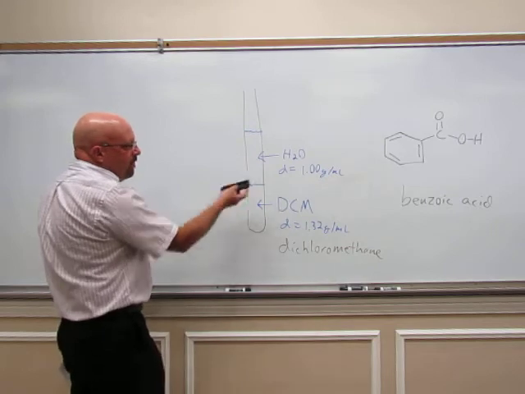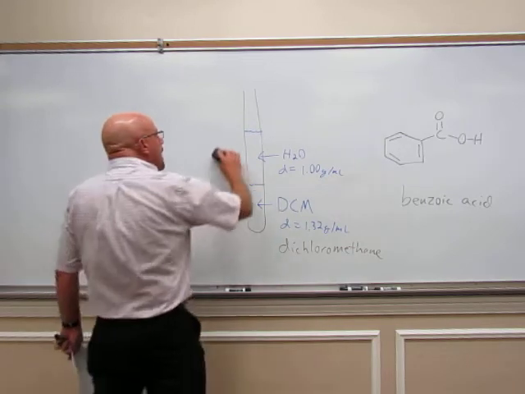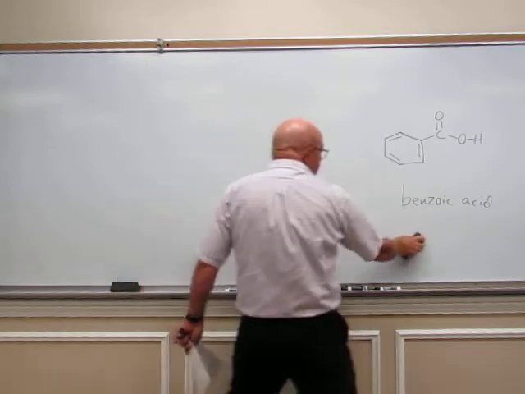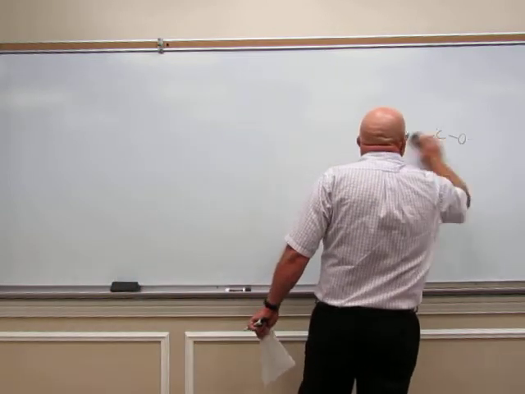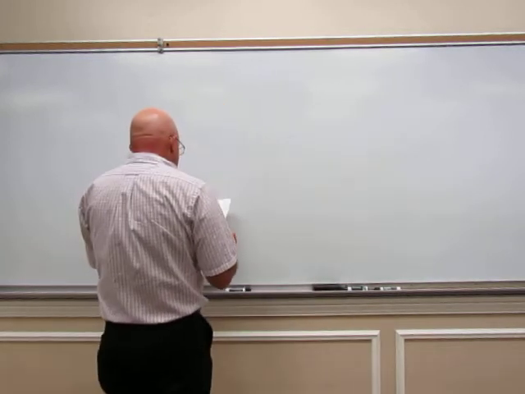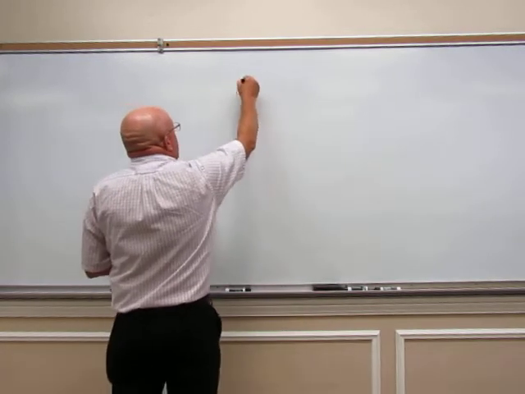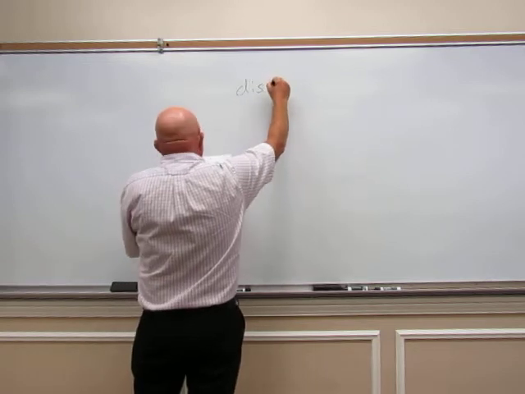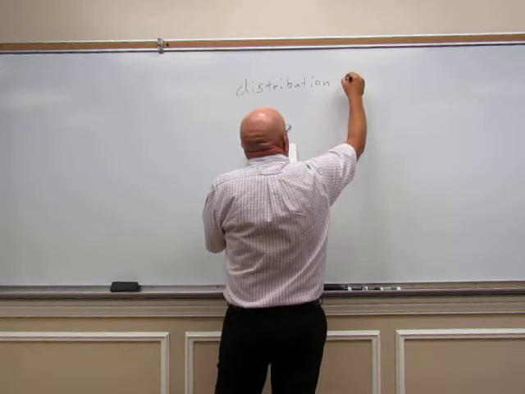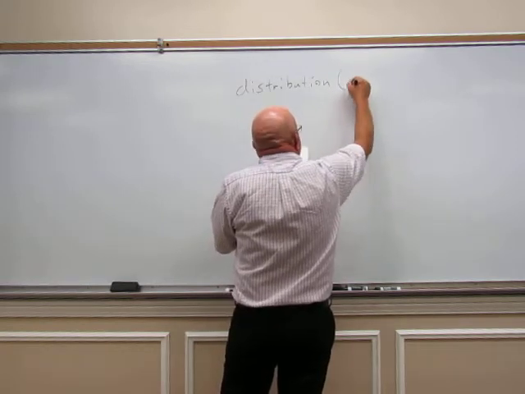What is the preference of it for the organic layer, for the dichloromethane? So let's look at a formula. So we're going to be calculating a distribution coefficient, or it's also called partition coefficient.